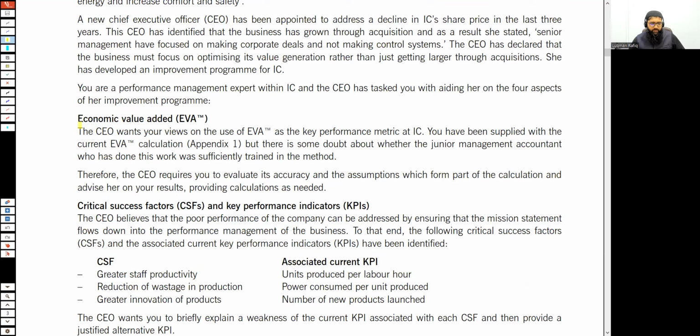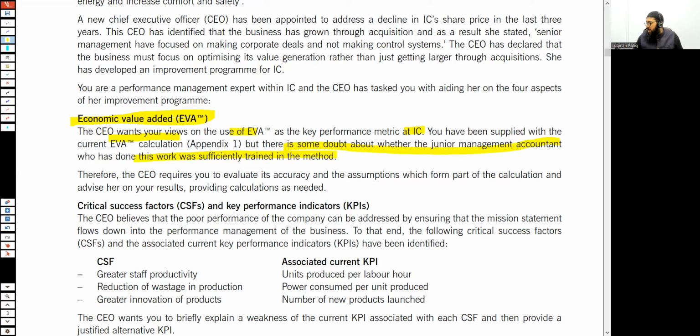There was this question where the economic value added has been calculated by the examiner, and he probably wants some adjustments, some amendments to the EVA. He says the CEO wants your views on the use of EVA as the key performance metric at IC. Obviously, we're not going through the other parts of the question. You've been supplied with the current EVA calculations, but there is some doubt about whether the junior management accountant who has done this work was sufficiently trained in the method.